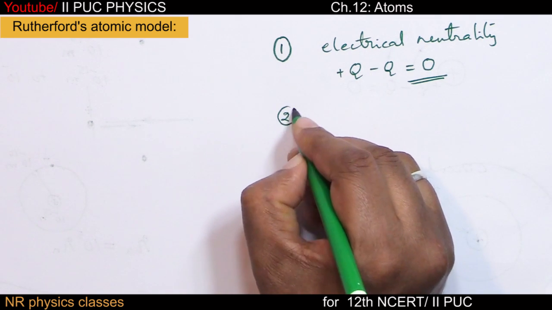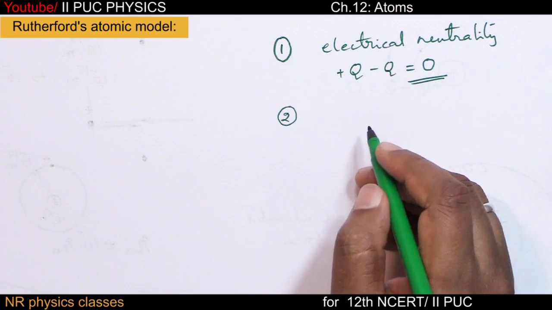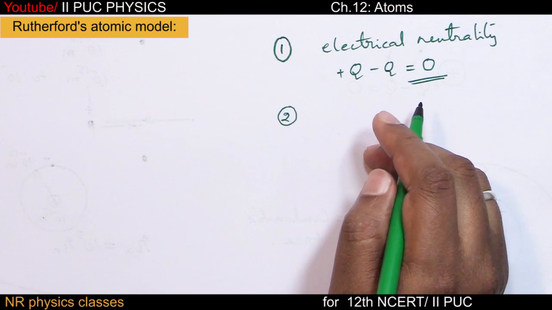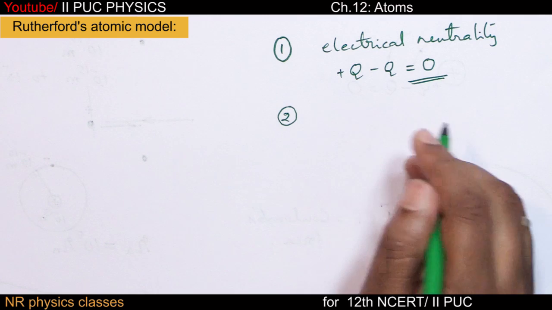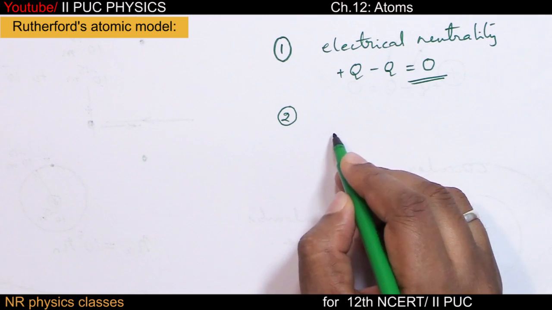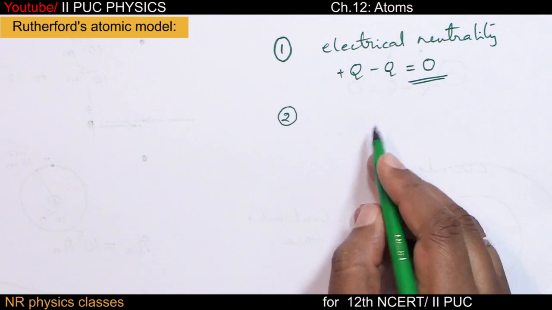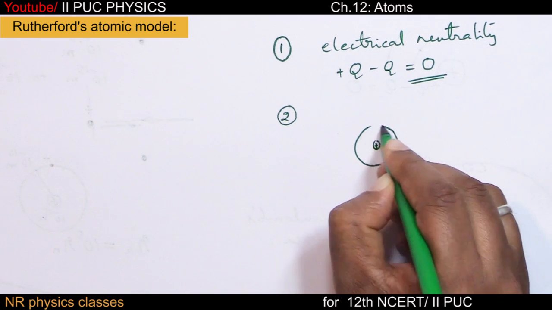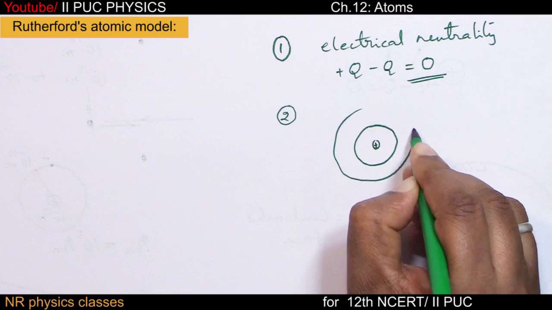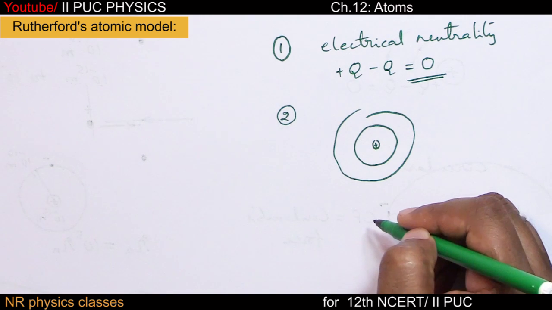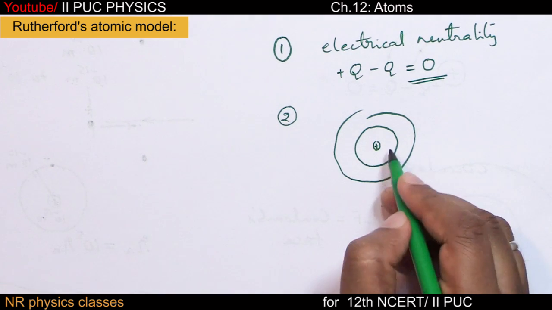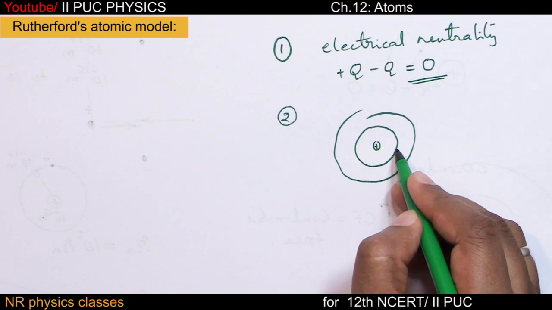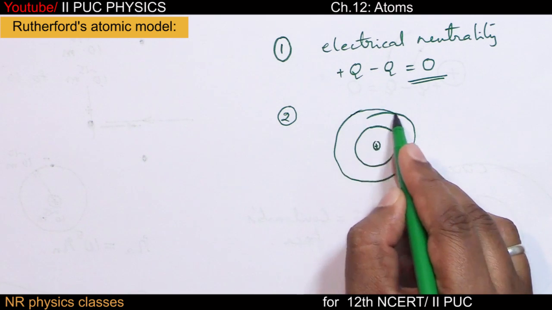Second point. The atomic model incorporated the concept of orbits and motion of electrons around the nucleus. So just like the solar system, this atomic model for the first time incorporated orbits. Orbits means motion of electrons. So it used the motion of electrons concept and the orbits concept.